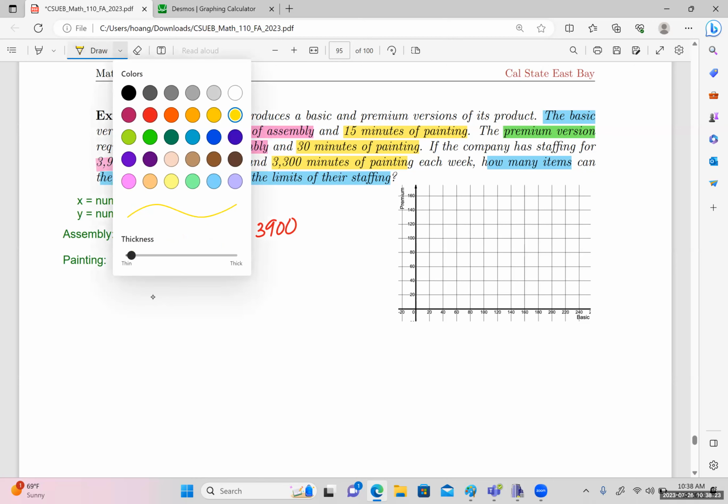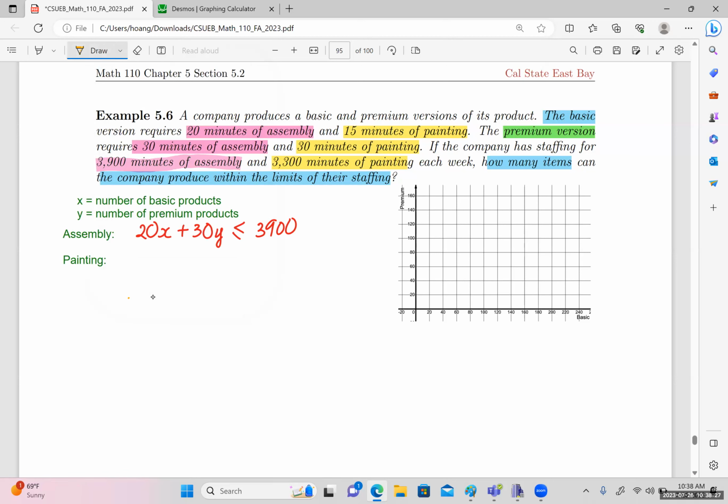We have this one. 15 minutes times x plus how many minutes for the premium? 30 minutes times y, and then less than or equal to 3,300 only.